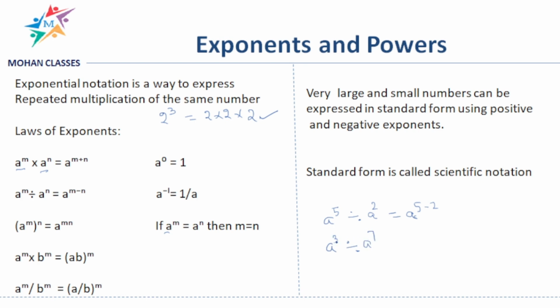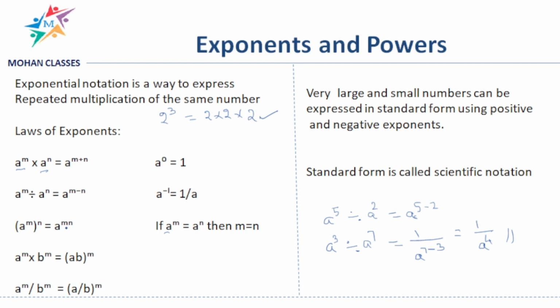Here m is less than n, so we have to write a to the power of n minus m, which is equal to 1 by a to the power of 4. Understand? It is a to the power of m minus n if m is greater than n. If m is less than n, it will come inverse: 1 by a to the power of n minus m. Clear?